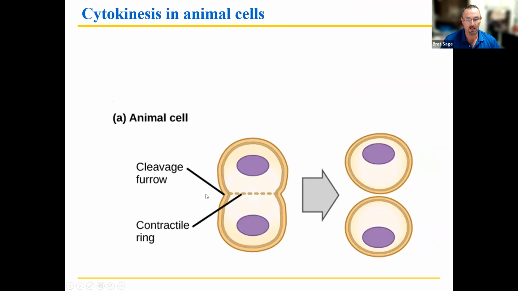What forms is what is called a cleavage furrow. So the cleavage furrow is where it's going from one ball into two. So now from one, it's become two. So it's basically like tying a rope around a balloon and cinching it, where one balloon then becomes two. So you can see as this contractile ring goes, eventually it'll separate into two.